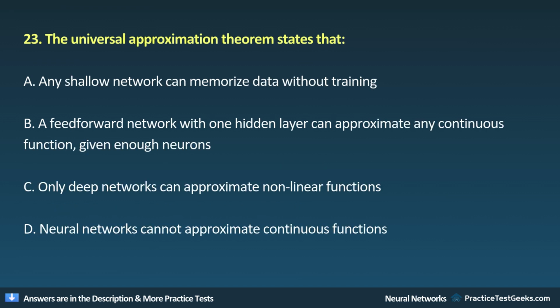The universal approximation theorem states that: A. Any shallow network can memorize data without training. B. A feed-forward network with one hidden layer can approximate any continuous function given enough neurons. C. Only deep networks can approximate nonlinear functions. D. Neural networks cannot approximate continuous functions.